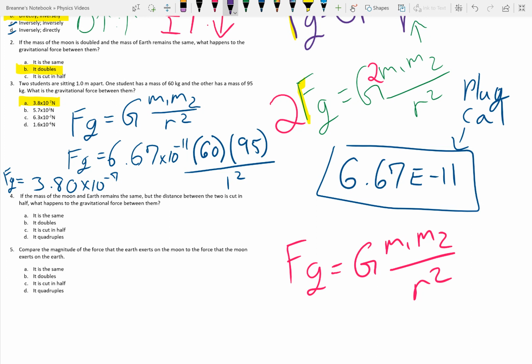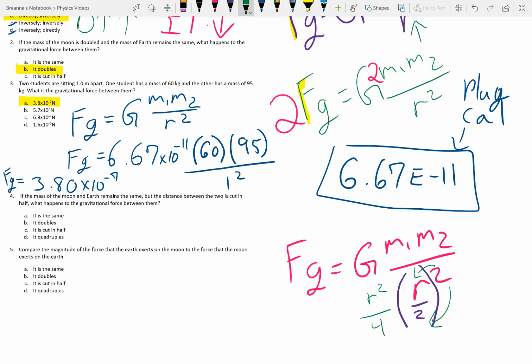So for some reason, the moon gets really close to the Earth. We're taking our distance and cutting it in half. So remember that 2, that squared has got to go to both numbers now. So it ends up being r squared over 4.